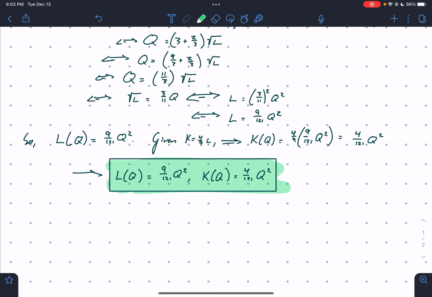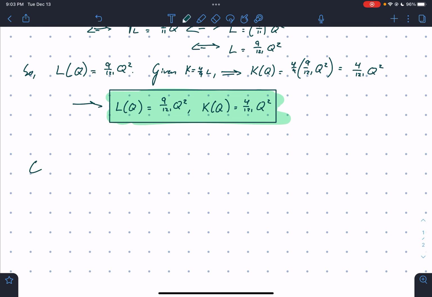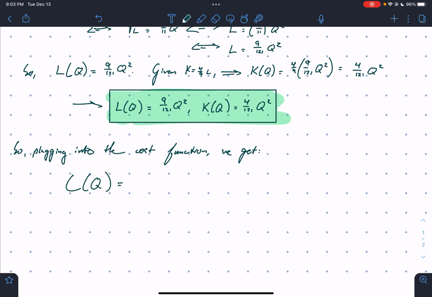So we just need to plug this into the cost function and then find what that will be. So cost is 2 times L of Q plus 1 times 4 over 121 Q squared plus the fixed cost of 125,000.